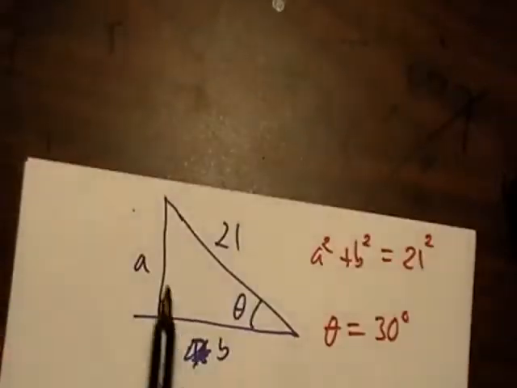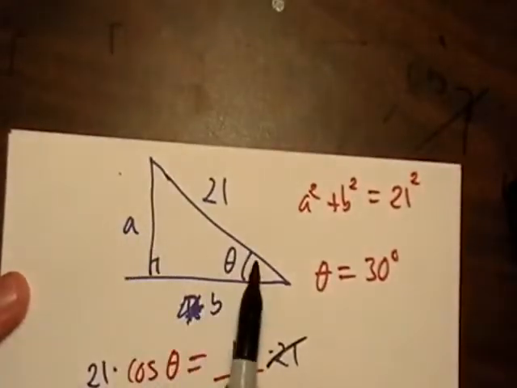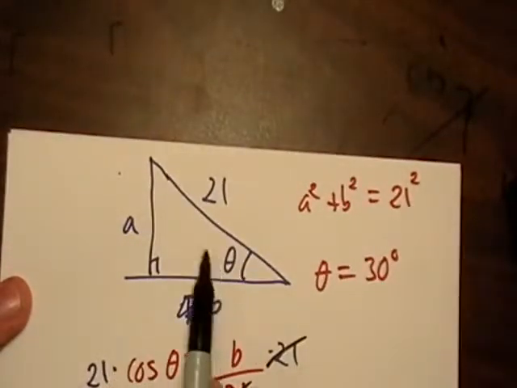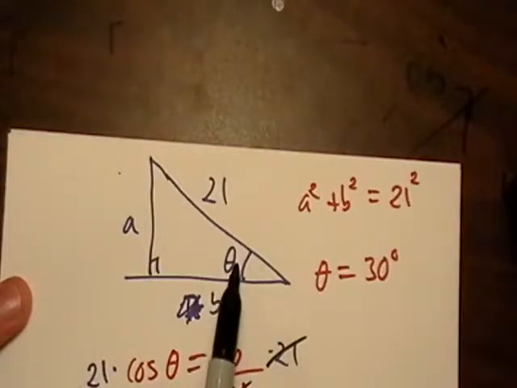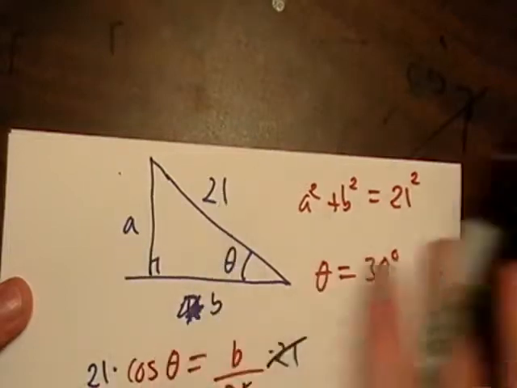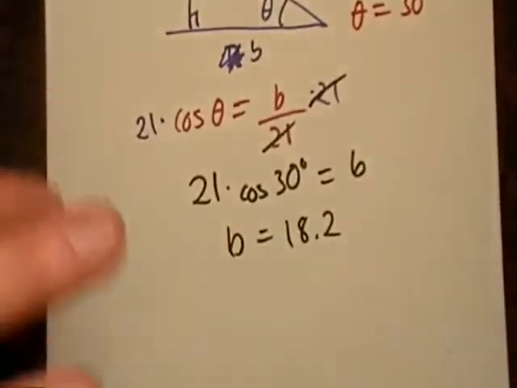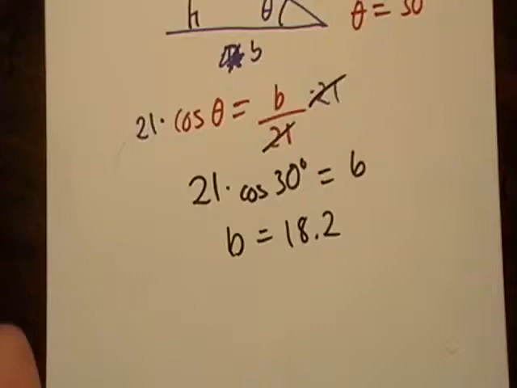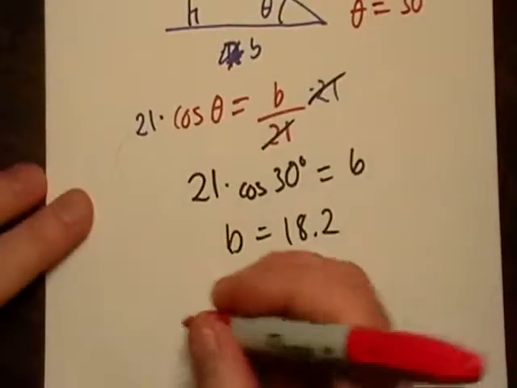So there's B. Now let's find A. What's A? Well, let's use sine theta. Ask yourself, sine theta is opposite over hypotenuse. Let's just do the same thing.